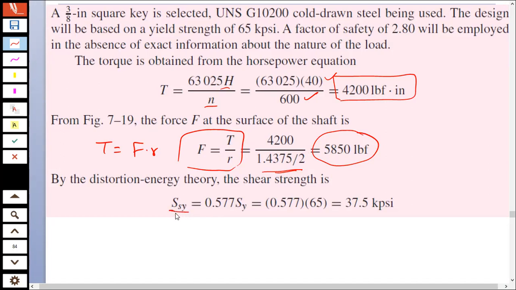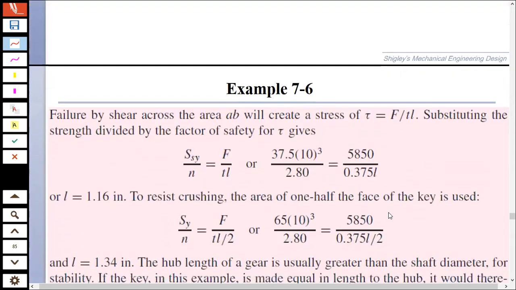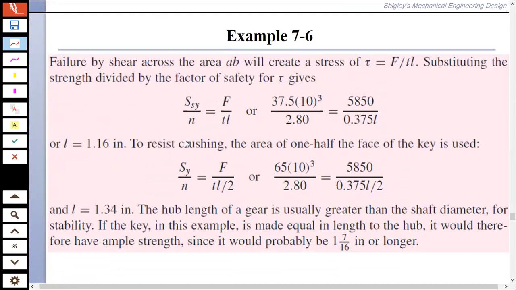We already know that the shear yield is equal to 0.577 times the yield strength. So go ahead and calculate your shear yield. And for failure, as we already know, what will be your n?